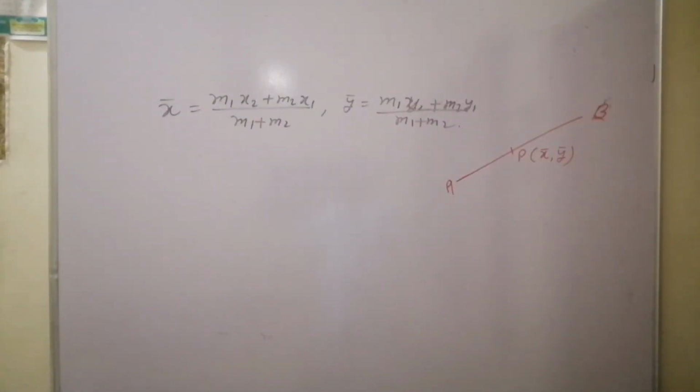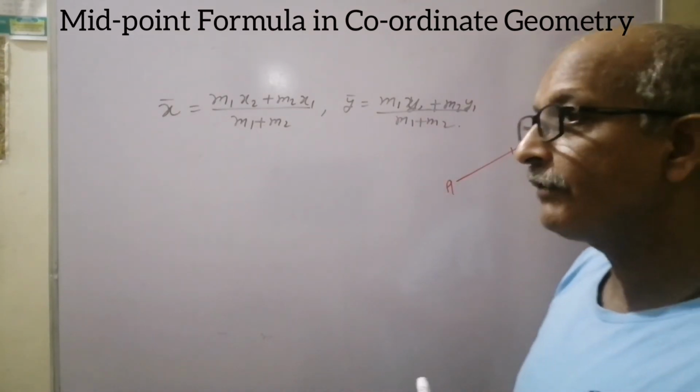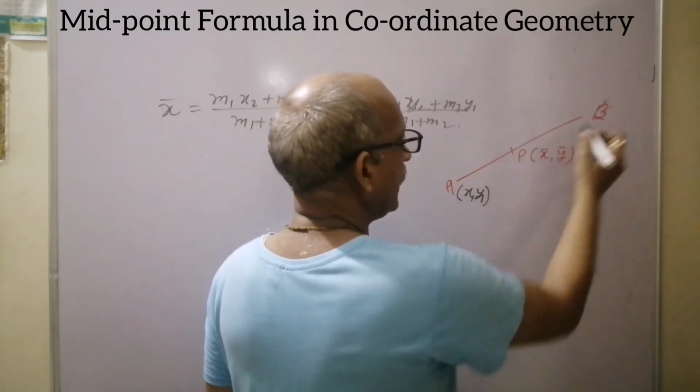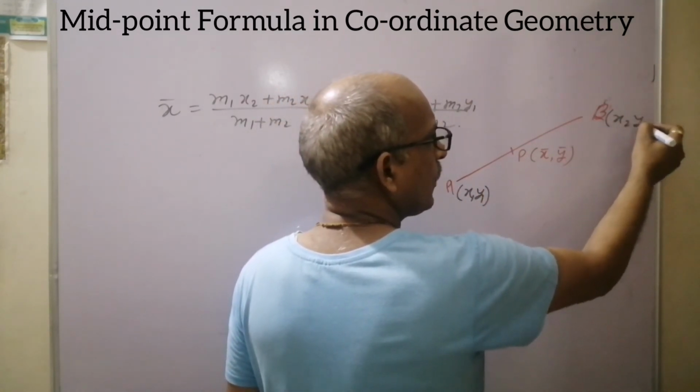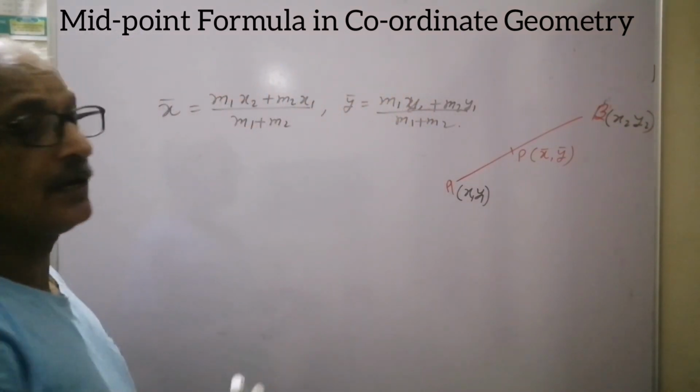Now one of the most important applications of the section formula is to find the midpoint of a line segment AB with coordinates of A and B given to us. Say we have coordinates of A as x1, y1 and that of B as x2, y2. Then what will be the coordinates of its midpoint P?